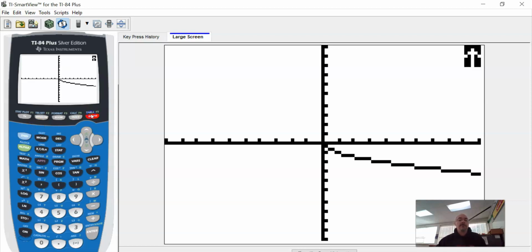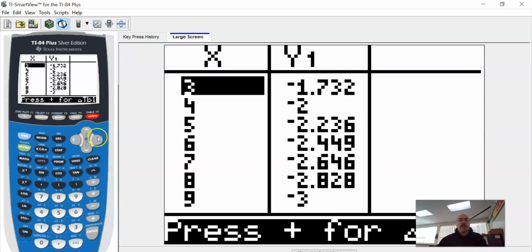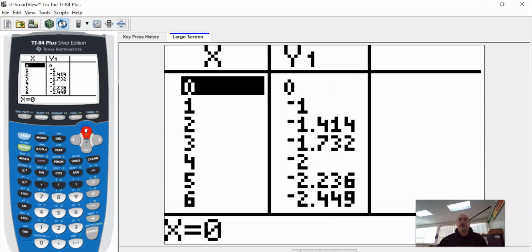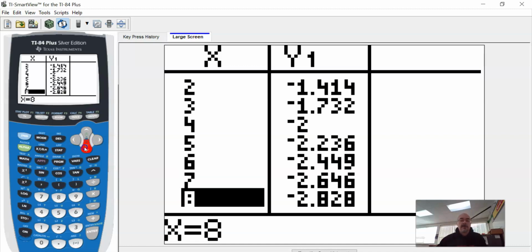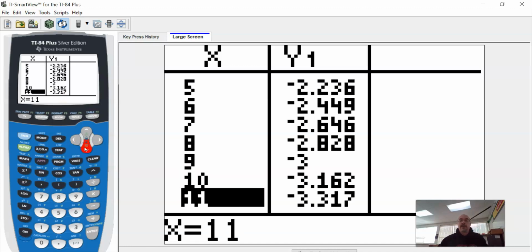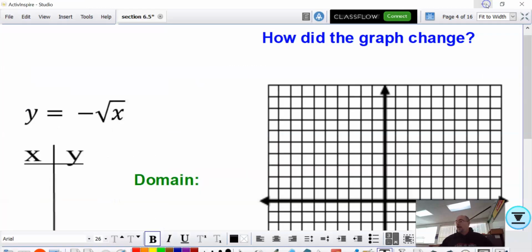Let's go to the table. All right, let's go back to 0, 0. Okay, now notice 1 is partnered with -1, 4 is with -2, and if we scroll down, 9 will be with -3. Look at that. All right, so let me go ahead and fill in my table for the moment.